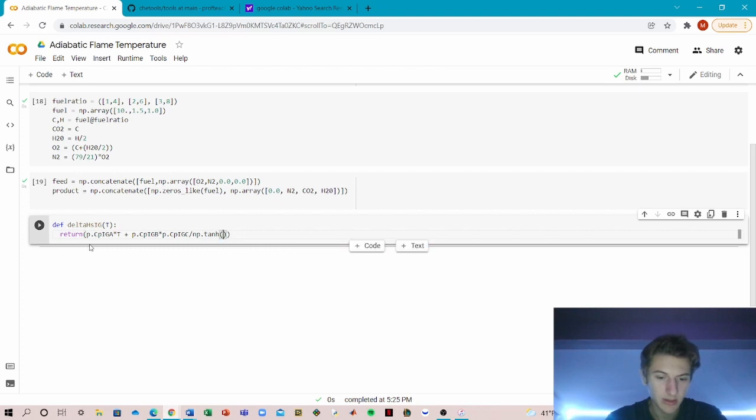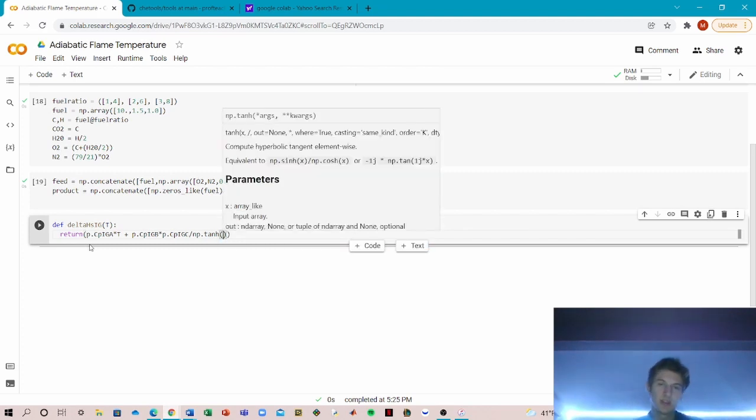And this is our equation from when we did the integral in Wolfram Alpha. It looks a little different, just to help with the coding.